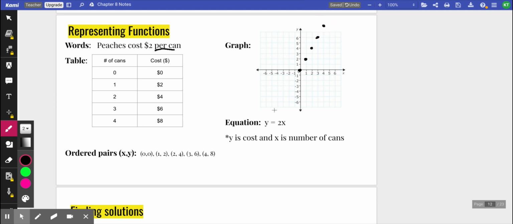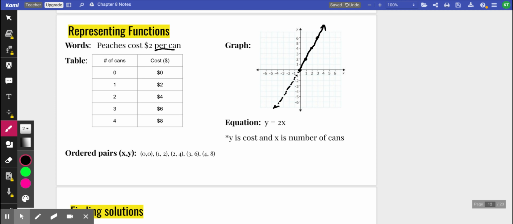Even though we don't have negatives, you can see that this is a constant rate of change. If I were to graph it to model this situation, it really only goes in this direction. But if I were to graph it, it would also continue down, pretending that's straight, in that direction there. A straight line.